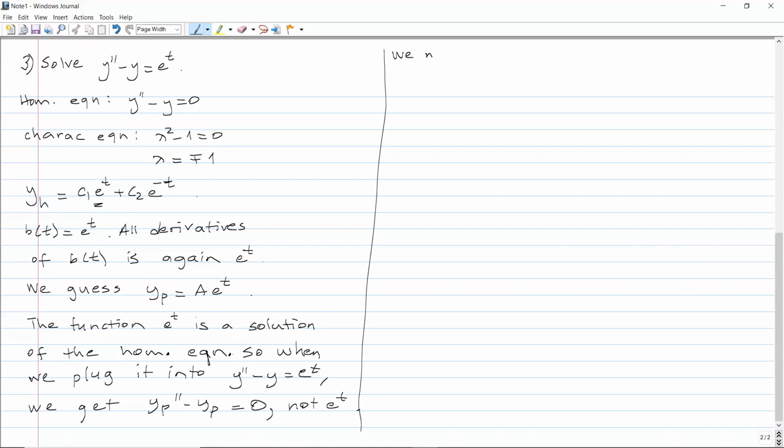We make a second guess. What we do is, instead of taking just e to the t, we multiply it with t. This is inspired by the case of repeated roots.